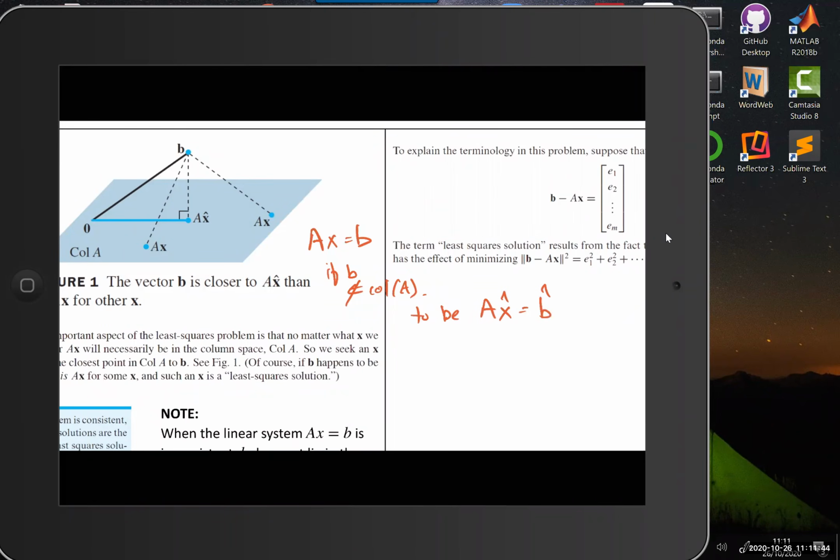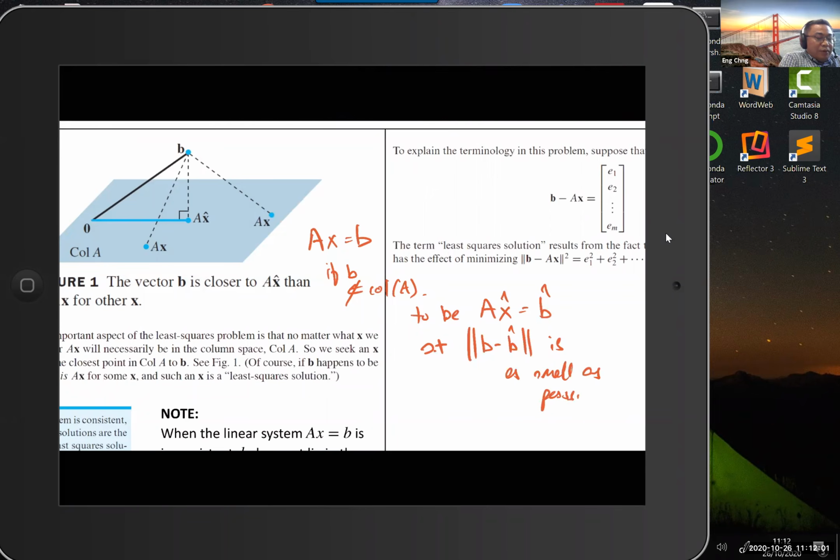The best X we can find to achieve B hat is such that the norm of B minus B hat, which is the length, is as small as possible. And the words as small as possible mean least, right? The smallest, the least. The least what? So least square. Let's call Z equals B minus B hat.